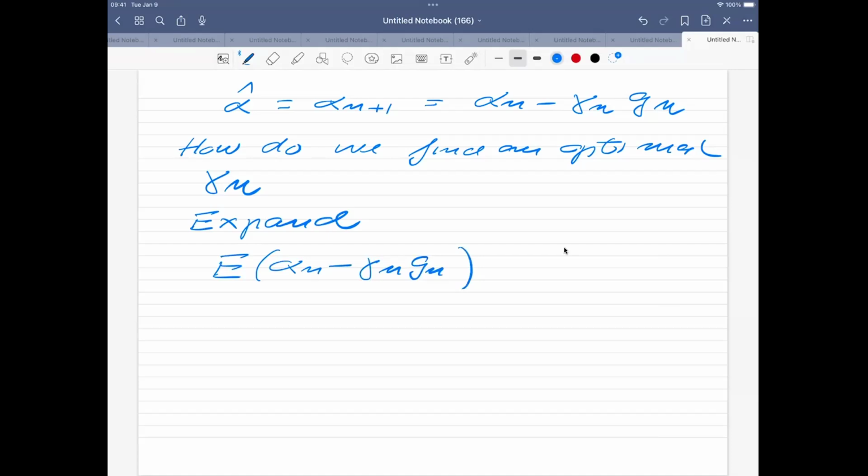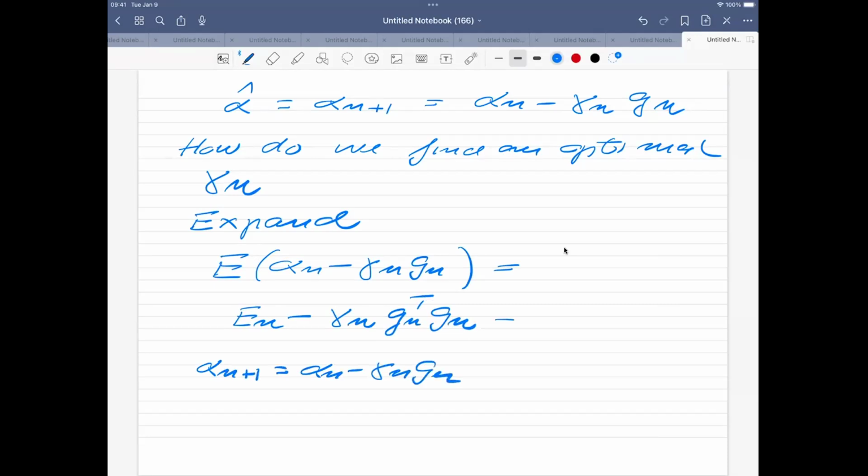This is just going to be the value of E_n minus gamma_n times the gradient transpose times the gradient. Remember that my alpha_(n+1) is given by alpha_n minus gamma_n g_n.